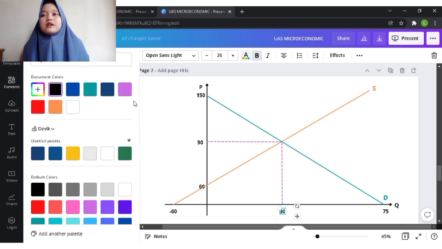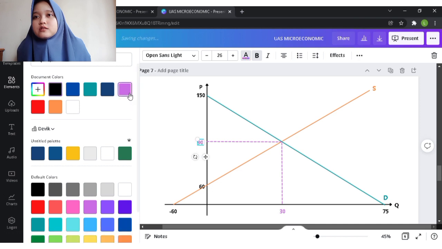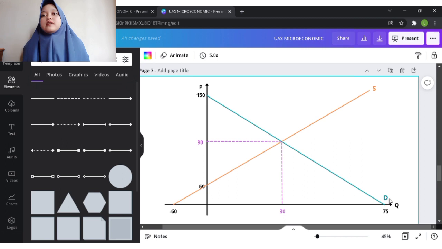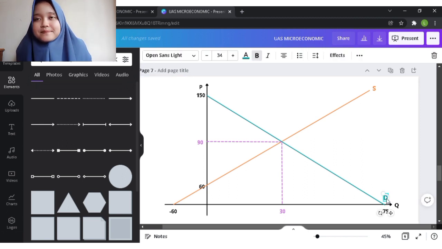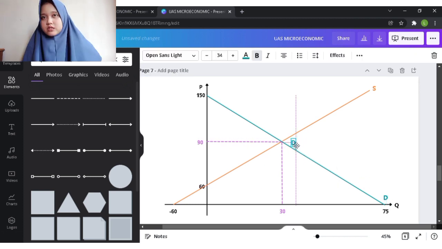So we give the note that this is the equilibrium, with the letter E. Nice. Change the color.